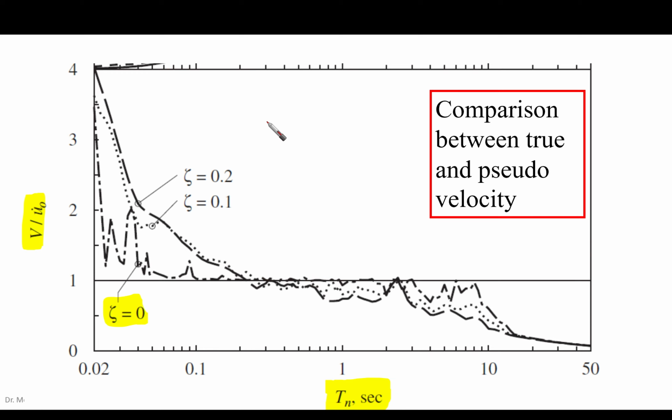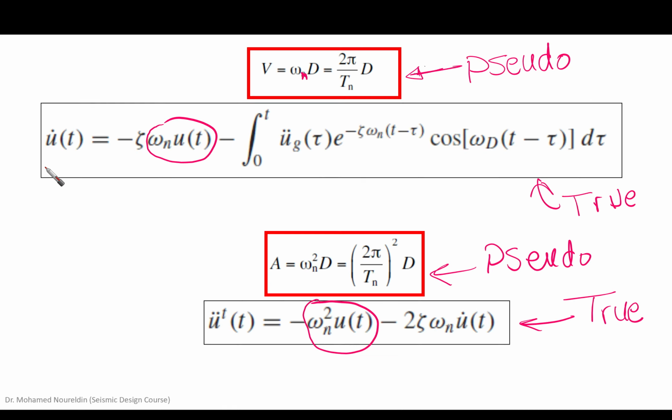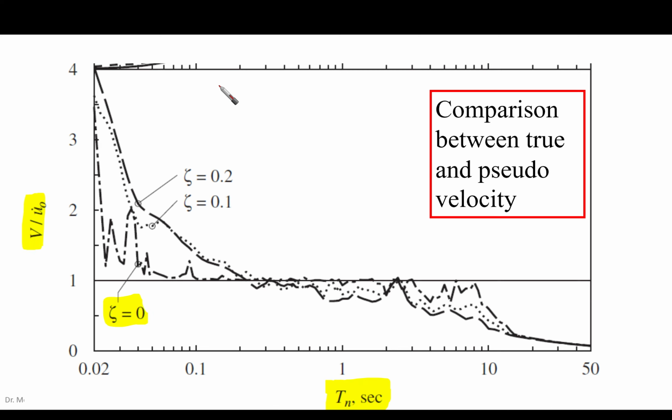Now, this is the first graph that we can see here. On the horizontal axis it is Tn, and on the vertical axis it is the pseudo velocity over the true velocity, the pseudo velocity over U dot.